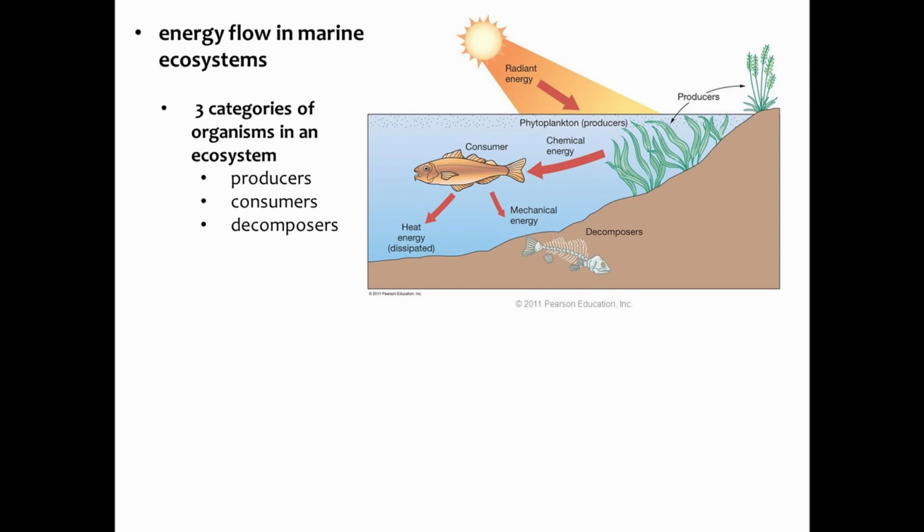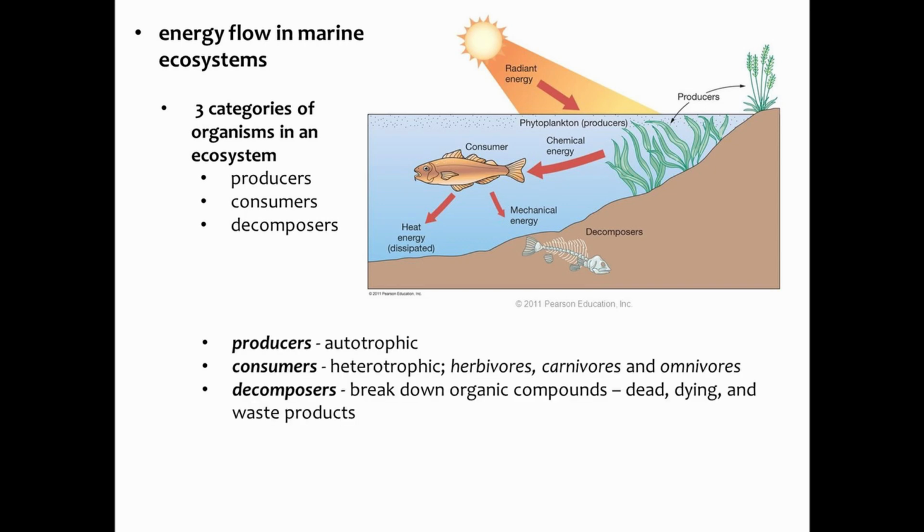Within this flow of energy through this living system, we see three different categories of organisms. We've talked about the primary producer, a little bit about the consumer, and then we have the decomposers as well. Each of these has a really important job to play in this flow of energy throughout the ecosystem. The producers are autotrophs. Once again, they produce either via photosynthesis or, in very rare circumstances, chemosynthesis.